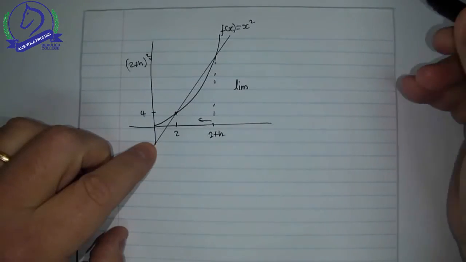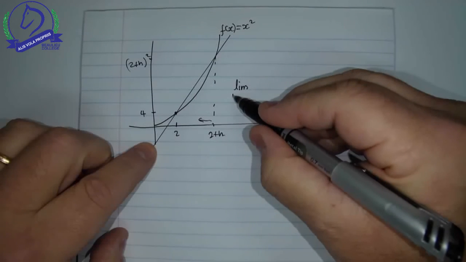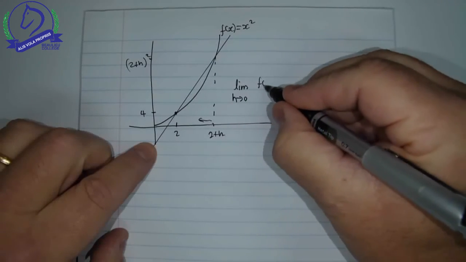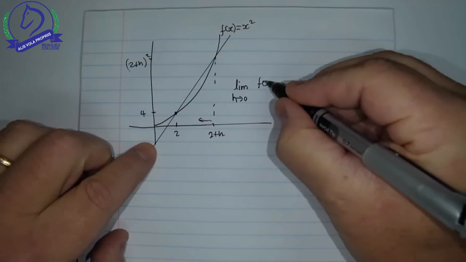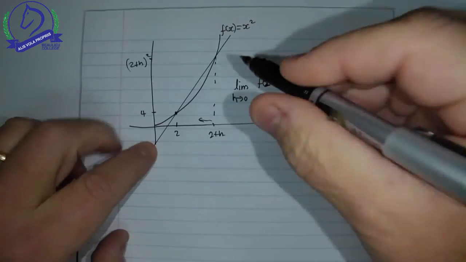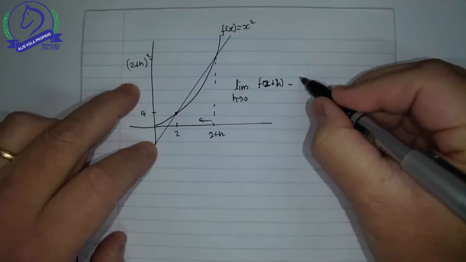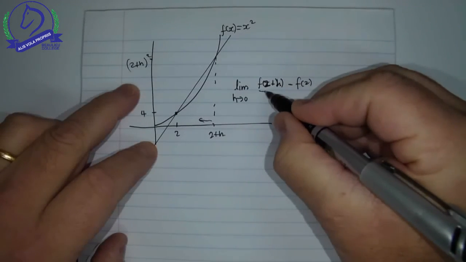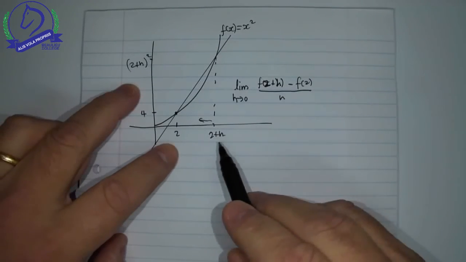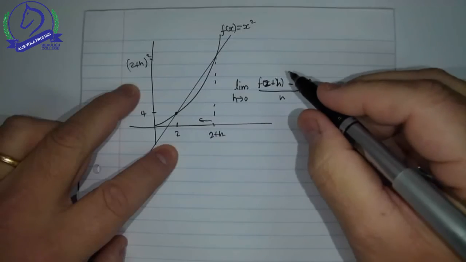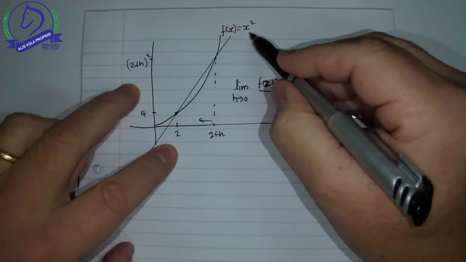So my average gradient here will be calculating the limit when h tends to 0 of the function at x plus h, in this case 2 plus h, because remember I'm going to start from here, at 2 plus h, minus the function at 2, over h, in other words 2 plus h minus 2, which is h. Now the function is f of x equals x squared.